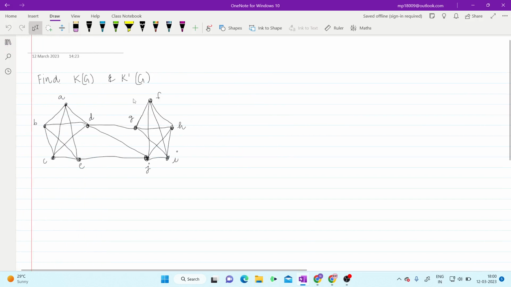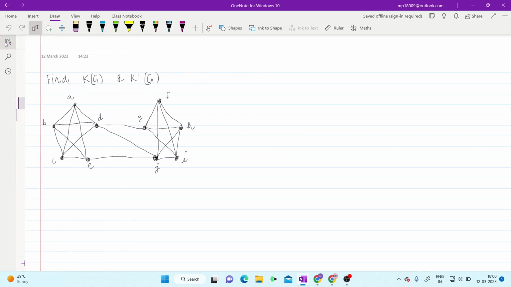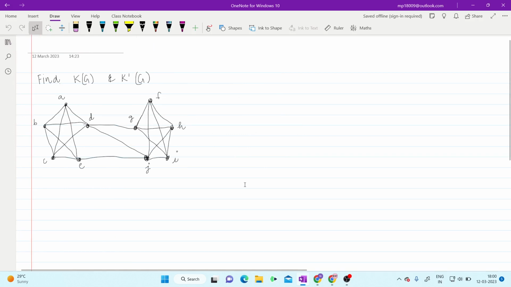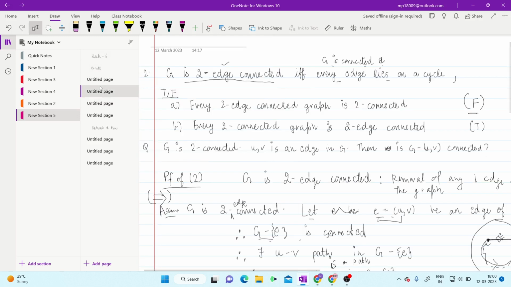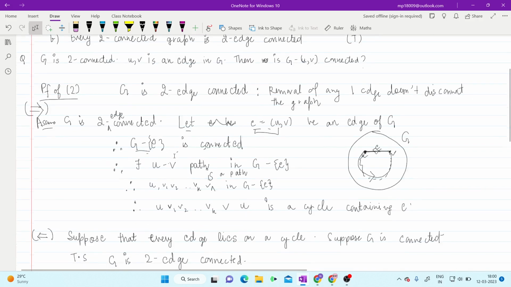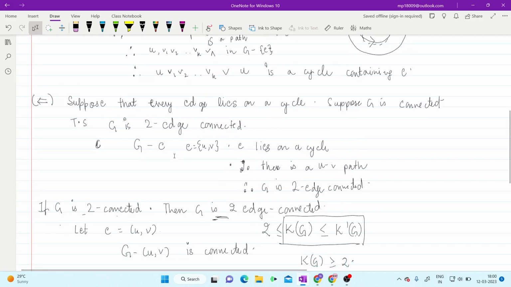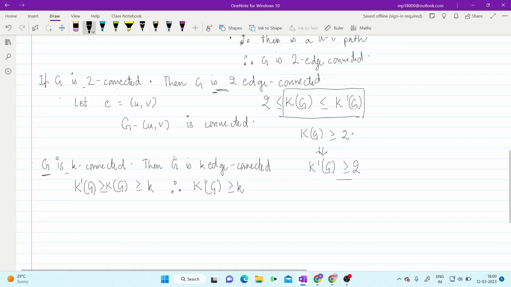Now you are given this particular graph. Now first, in K edge connectivity, in a K edge connected graph, what is K?